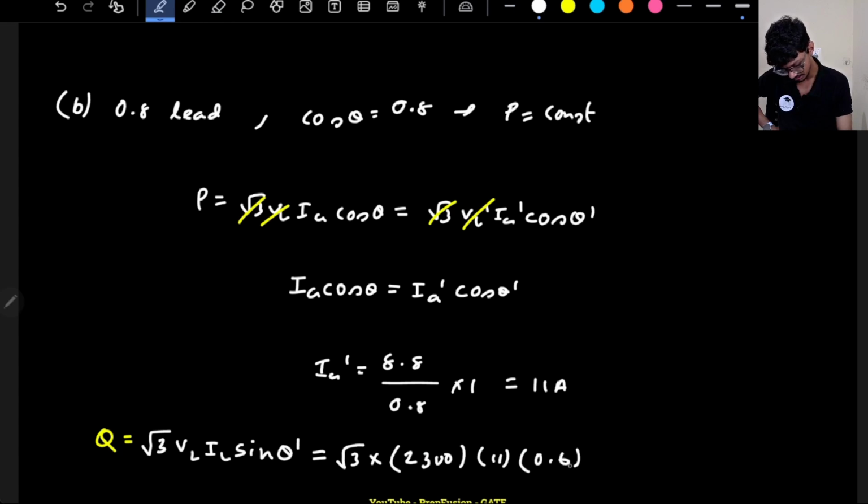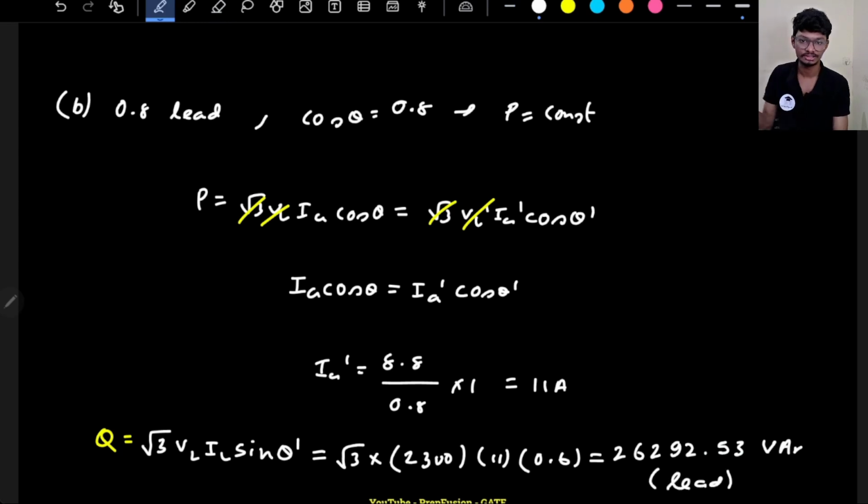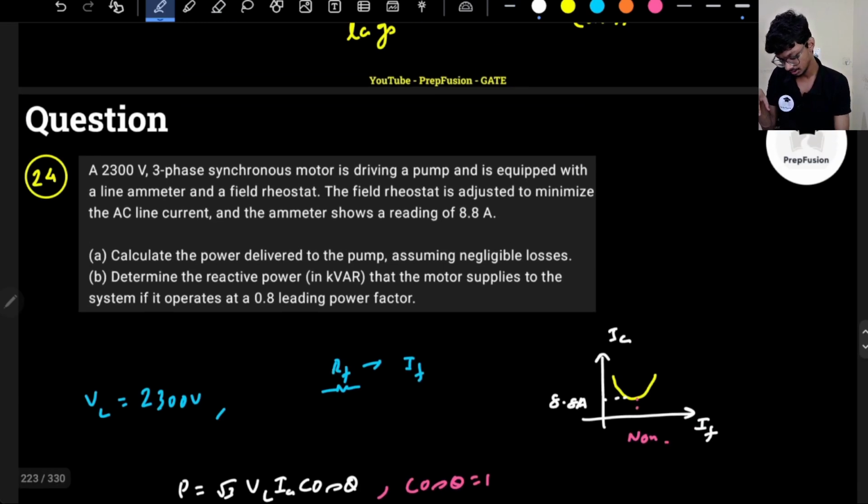Sin theta will be 0.6, right? So into 0.6 into 2300 into root 3 will be 26,292 VAR. Okay, and it is leading, right? So it will deliver the reactive power, not absorb. So this will be the answer.